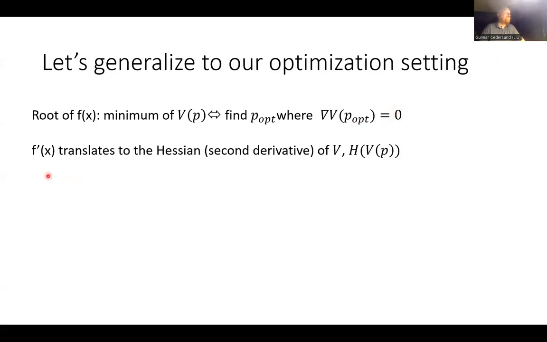So then that means that the derivative here, or the gradient of the cost function, that's the f from the previous slide. And the derivative of that, so f prime, will translate to the second derivative, which is called the Hessian. And since this is a vector, this will actually be a matrix. So the Hessian here is called H. So the Hessian of V is what will be translated to f prime.